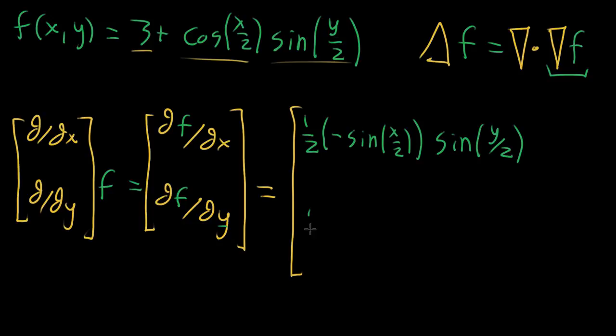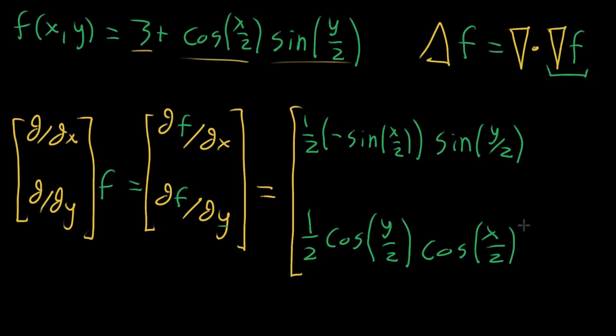So you take out that 1/2 when you take the derivative of the inside, and then the derivative of the outside is cosine of whatever was in there, in this case, y over 2. And we're multiplying it by that original constant, cosine of x over 2. So still we have our cosine of x over 2, since it was a constant times a certain variable thing. So that's the gradient.